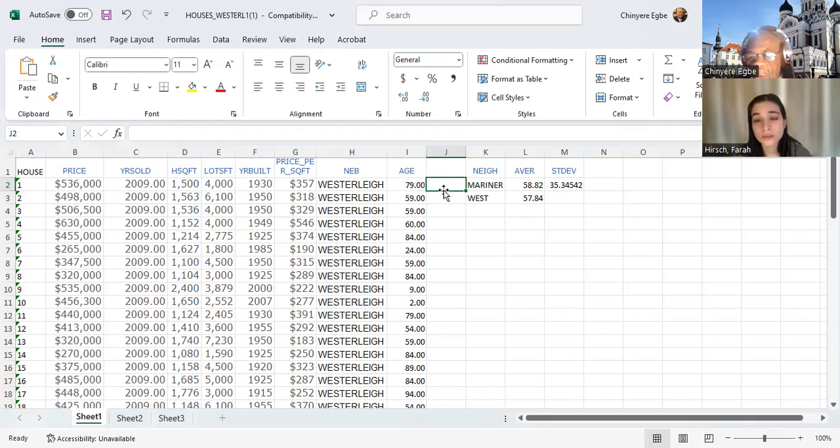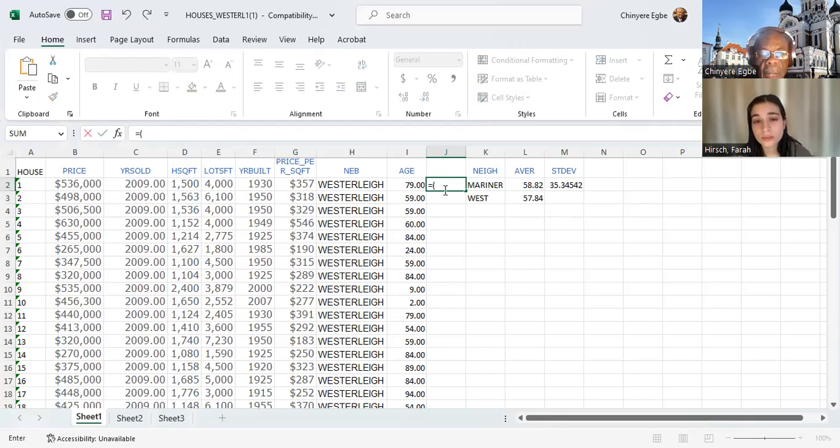That will be equals I2 minus $L$3, to the power 2.